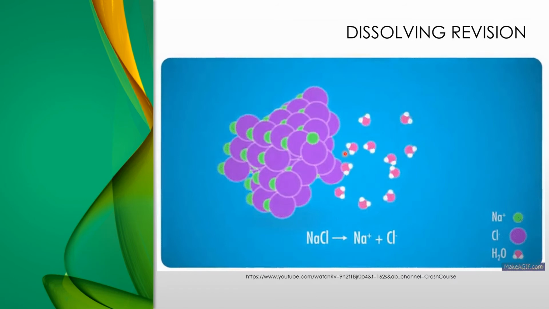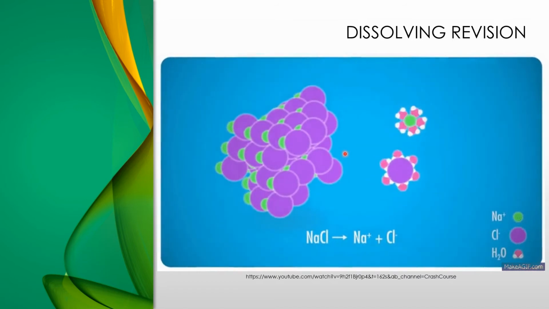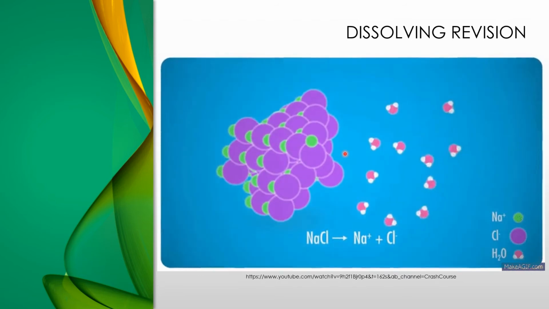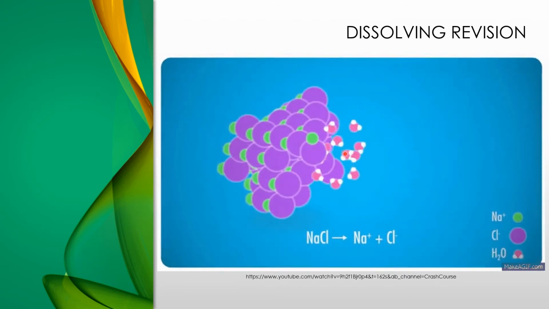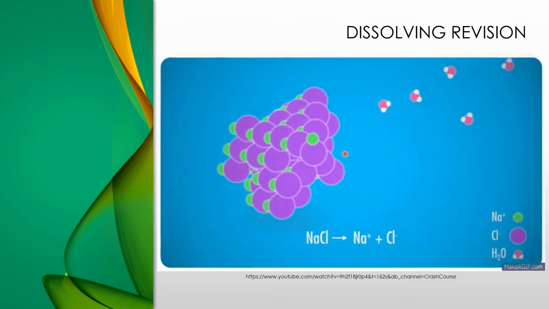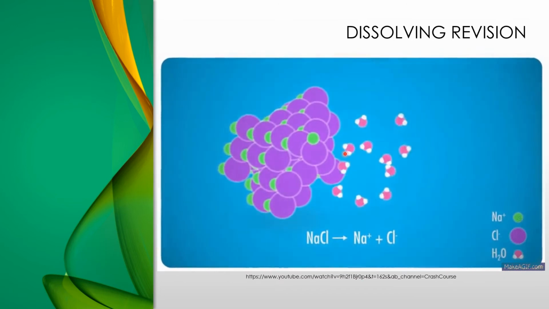But the idea is the water surrounds it, and there are enough water molecules surrounding to overcome the attractive forces that were holding the sodium and the chlorine particles together. They then separate or dissociate and disperse themselves evenly in a solution.